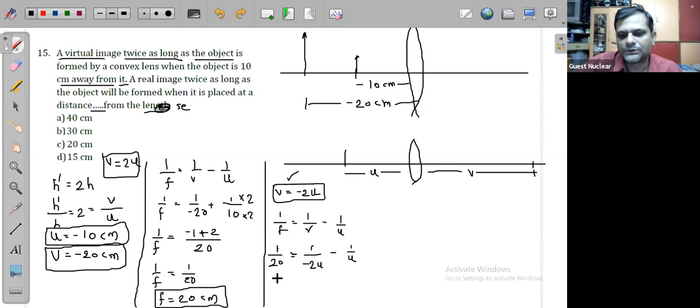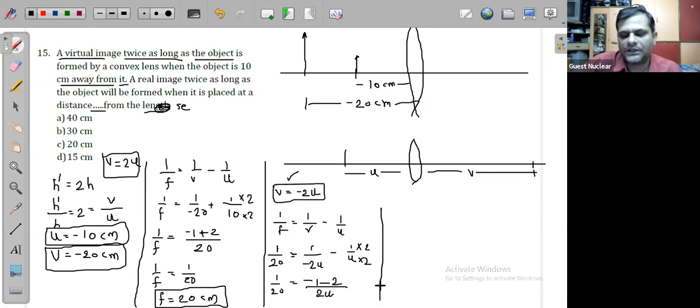So now 1/20 comes out to be... we put the minus sign on top and multiply and divide by 2, so that we get -1 -2 in the numerator, and in the denominator it will be 2u, which is taken once.